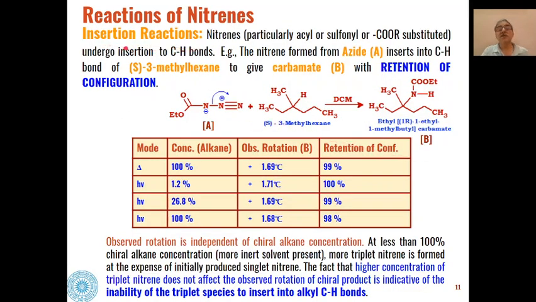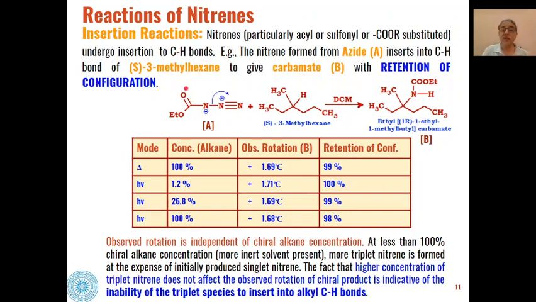Then insertion reactions, which are again similar to what we have seen in the case of carbenes. Out of nitrenes, the most preferred ones which undergo insertion reactions are acyl nitrenes, sulfonyl nitrenes, or ester group containing nitrenes. They generally undergo insertion reaction in the carbon-hydrogen bond.